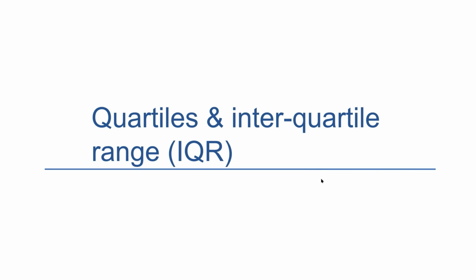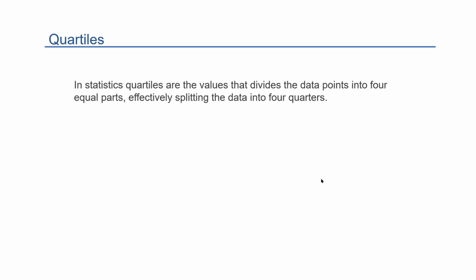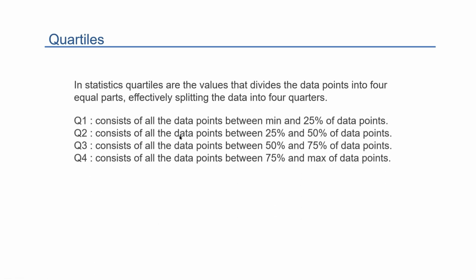Quartiles and interquartile range. In statistics, quartiles are the values that divide the data points into 4 equal parts, effectively splitting the data into 4 quarters. Quarter 1 will contain all the data points between the minimum value and 25% of the data points.